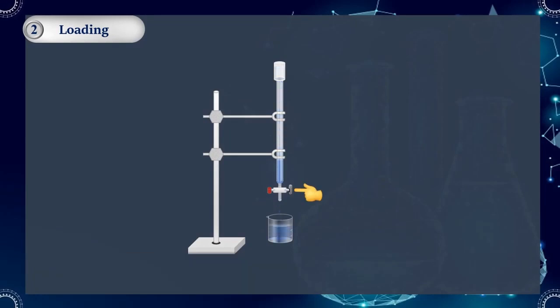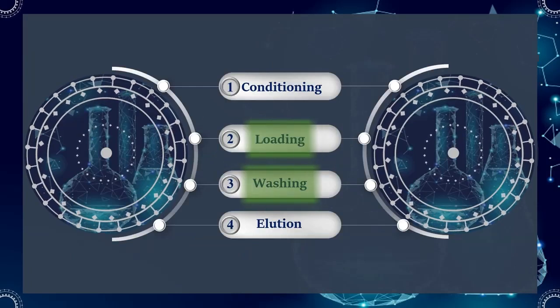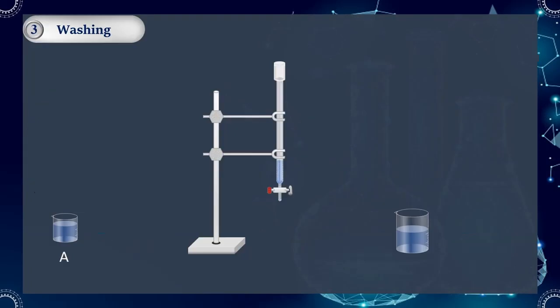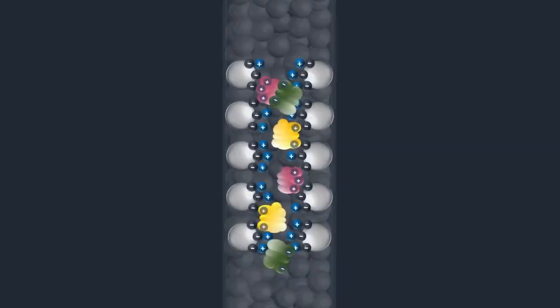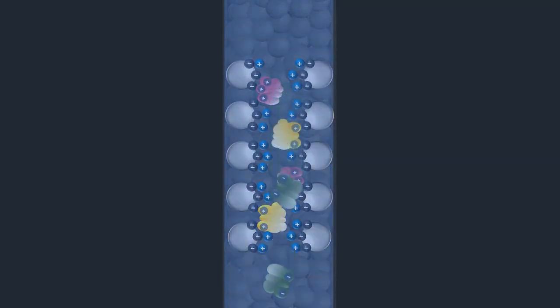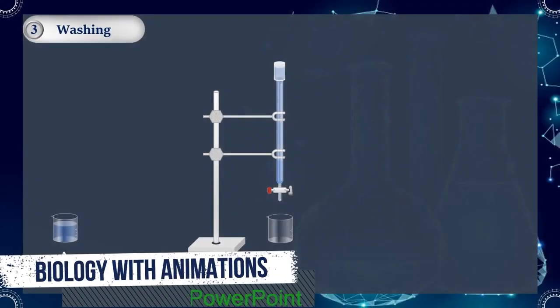The proteins with the lowest net charge at the selected pH will be the first ones eluted from the column as ionic strength increases. Similarly, the proteins with the highest charge will be the most strongly retained and will be eluted last. Protein B has the lowest net positive charge, so it can be eluted first. Then, protein C with the highest net positive charge can be eluted next by increasing the salt concentration.